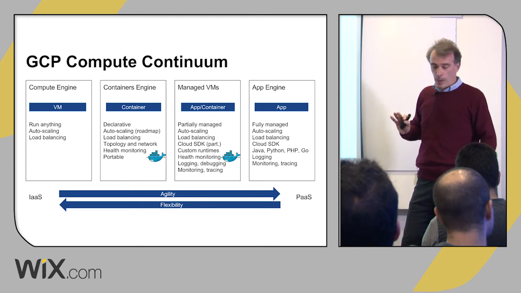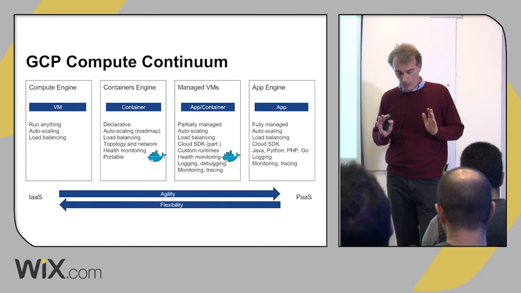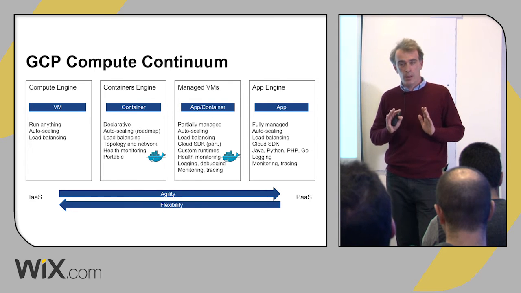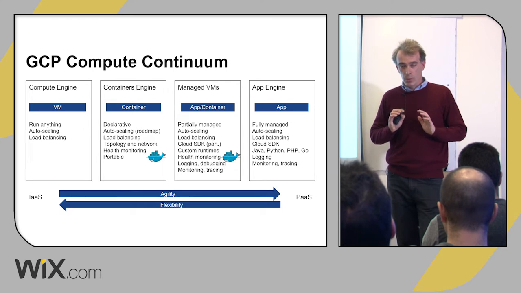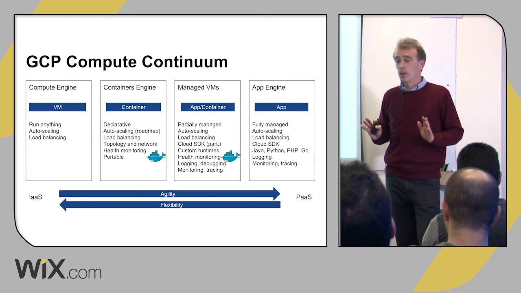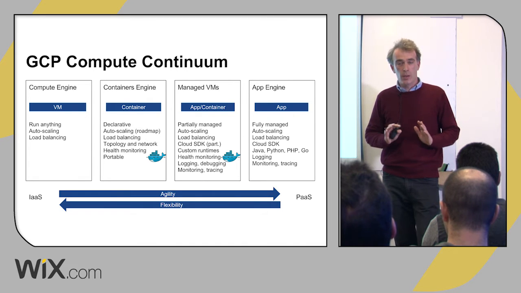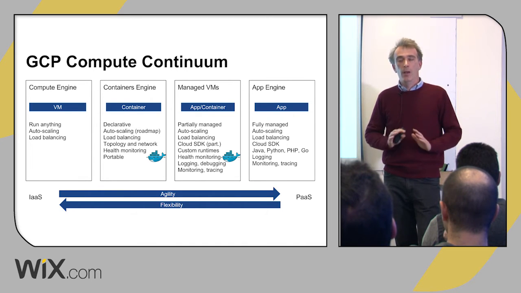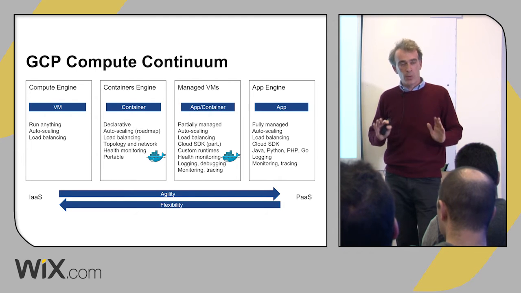It is declarative. You define the layout of your service in JSON files, and you ask the platform, Container Engine, to create your topology and to manage it. It will create and deploy all containers required for this.